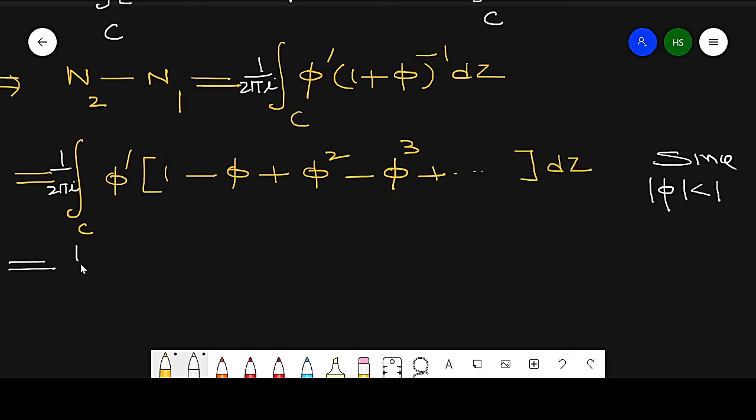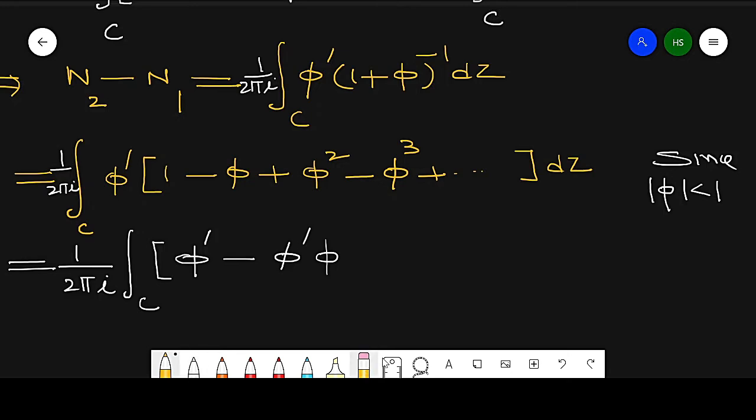Now if we take the integration around this, what do we get? We get 1 by 2 pi iota integration around C, bracket phi dash minus phi dash into phi. This is a derivative and this is phi.